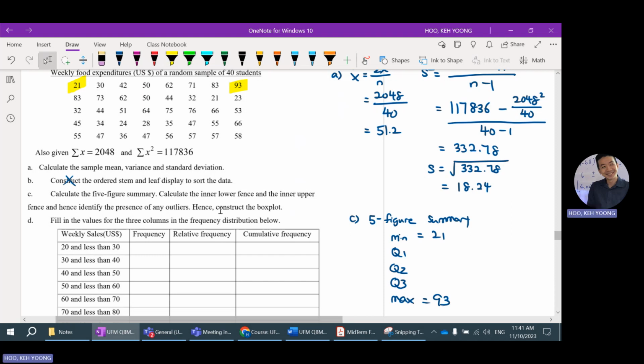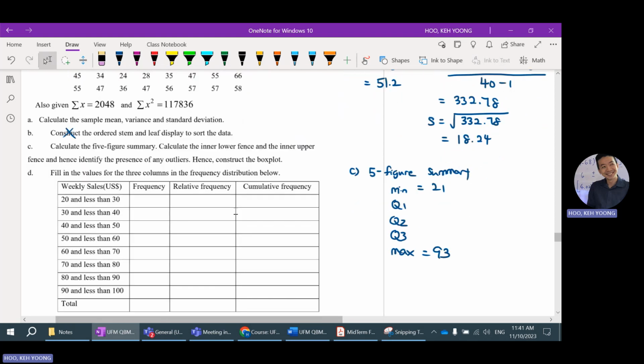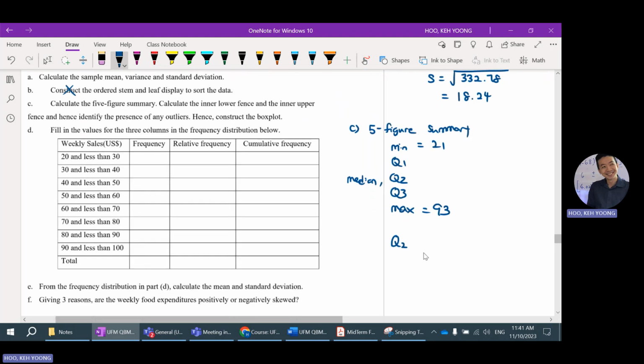Let's find Q2 first. Q2 is your median. So how do we find these 3 quartiles? You may have learned different ways from your lectures, so my methods could be a bit different, and the answers could end up different as well.